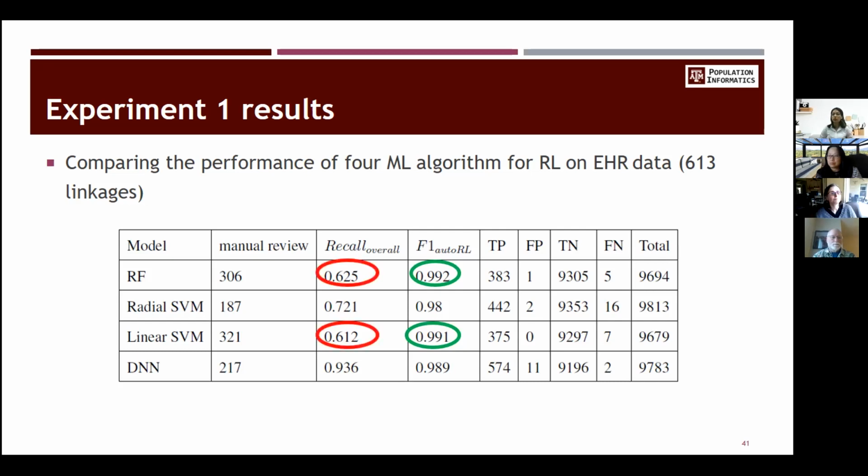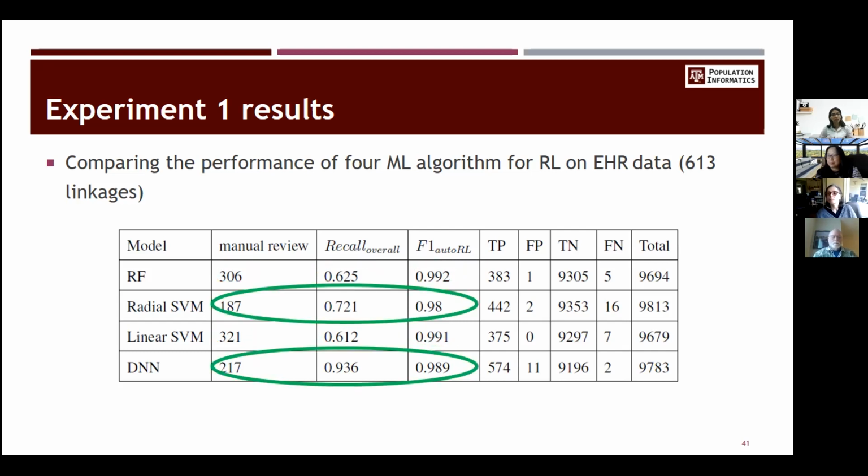However, they could only catch 60% of true positives. And they also had more manual review pairs than the other two. So we can conclude that radial SVM and dense neural network have better results overall because they catch more true positive data. They have a smaller manual review size, but still have a reasonable F1 score.